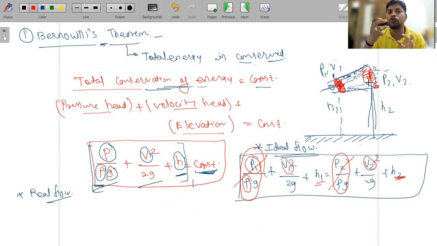Obviously, because the volume flow rate is not changing: whatever the volume flow rate is at the inlet will be at the outlet. If it is varying, it means there is something going on in between inside the device itself.